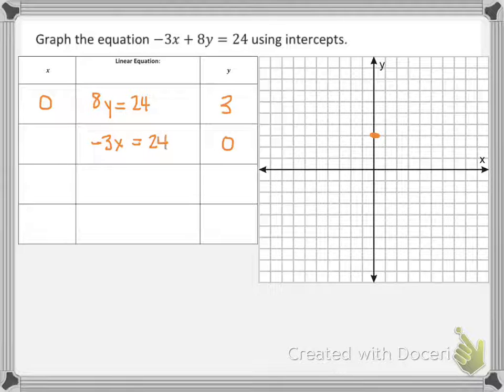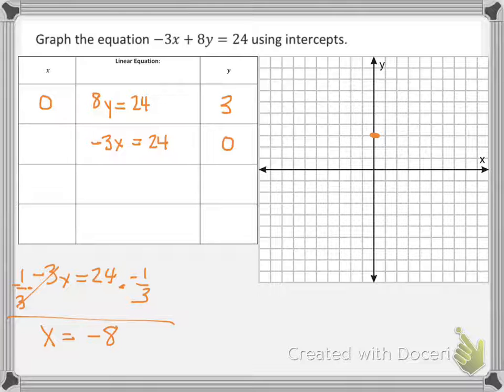And then I would multiply both sides by the reciprocal. Let's do that down here so you can see it. Multiply by negative 1/3. Negative times negative is a positive. The 3's cancel. I get x equals negative 24 divided by 3. That's a negative 8. So when y is 0, x is negative 8.